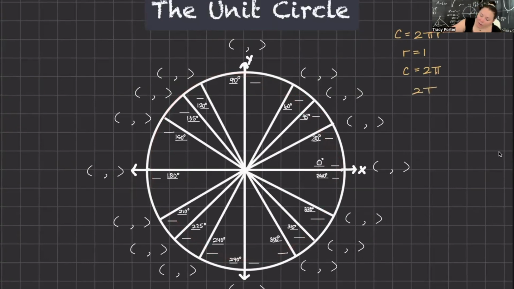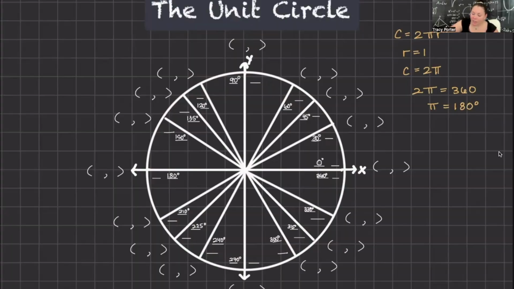So 2 pi is equivalent to 360 degrees on a unit circle, which means dividing by 2, pi is going to be the same as 180. So you can use that conversion anytime if you need to convert any type of radian measure or degree measure back to one or the other.